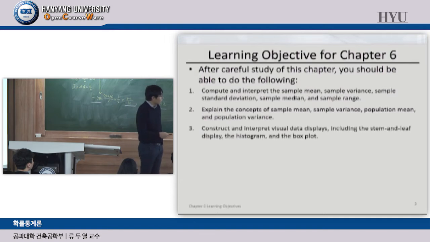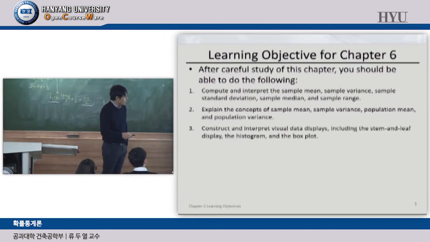And then you can construct and interpret visual data displays. This is a very important skill for engineers, including the stem and leaf display, the histogram, and the box plot. Okay? You will learn how to use these skills in this chapter.